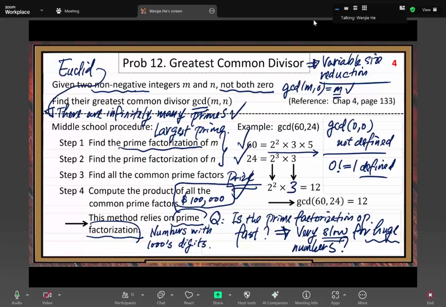In order to determine if a large integer is a prime number, the first thing you need to check is whether it is a prime. If it's not prime, you can do prime factorization. If it is a prime, prime factorization basically gives you the same number.